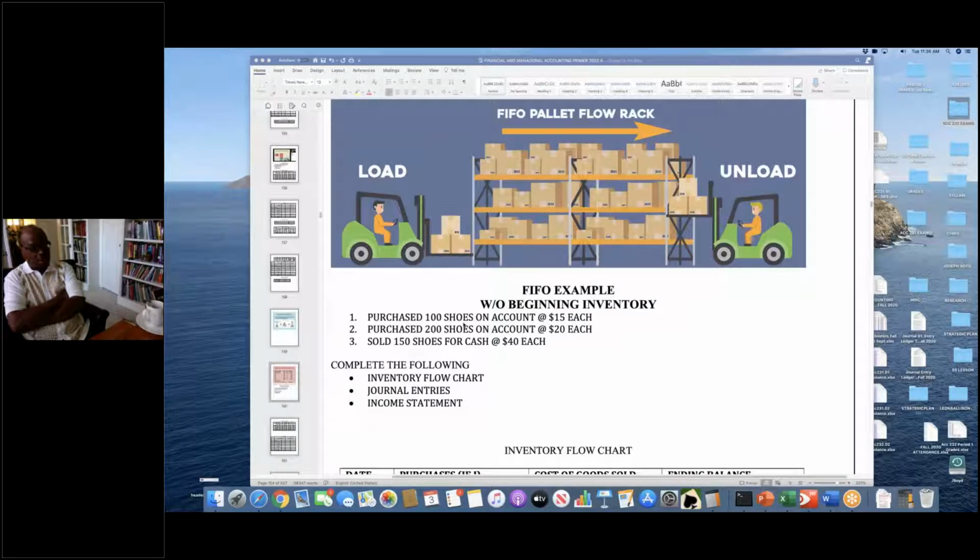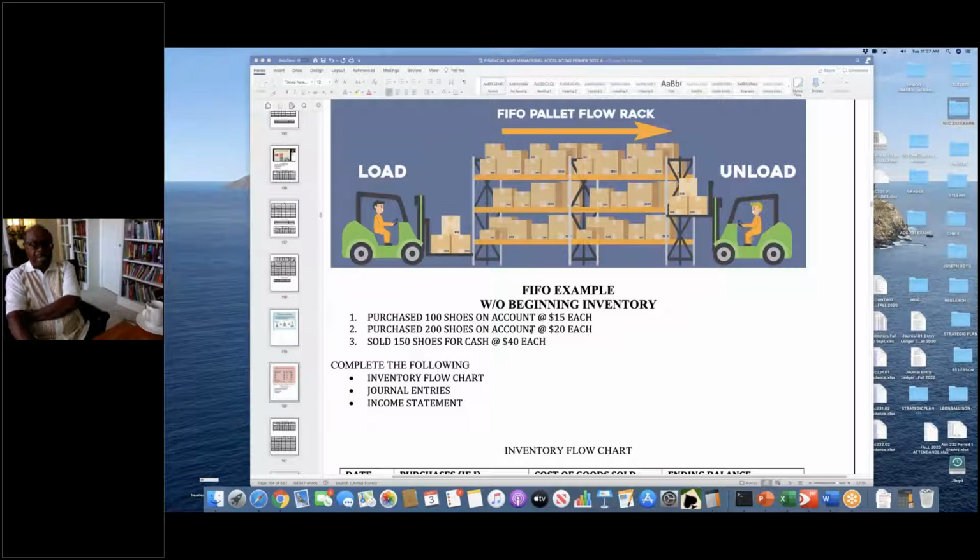So when we see that, how many pairs of shoes did we have to sell? 300. But we sold what? Half of them, 150. But we sold some of the 15s and some of the 20s, some combination. It wouldn't be that way on LIFO, but we're just working on FIFO.